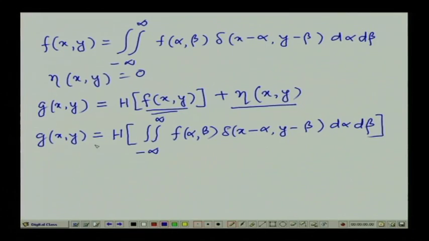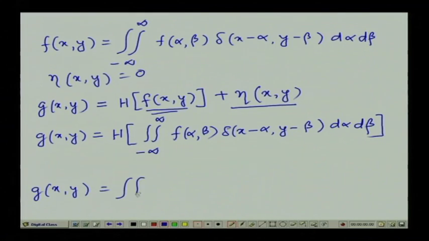So, I can get an expression of the degraded image g x y in terms of this integral definition of the function f x y, which is operated by the degradation operator h.